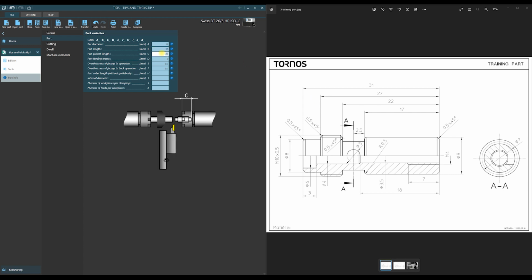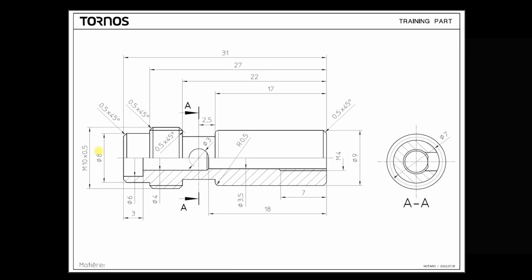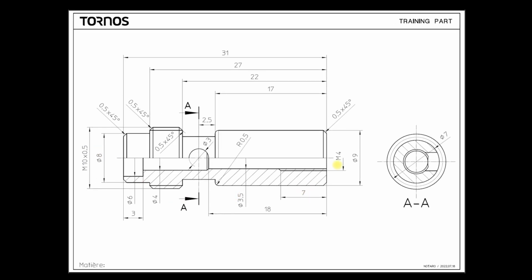And next, this is part pickoff length. You see here that this is the distance counting from the face of our part to the position how far the back spindle should move back for pickoff. To determine this value, first we have to discuss where we would like to start machining of our part, from this side or this side.